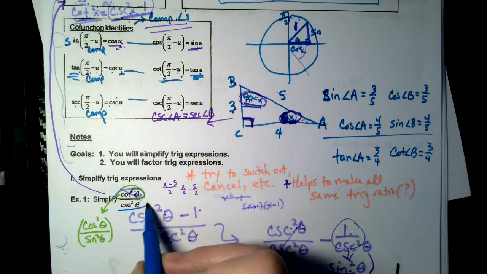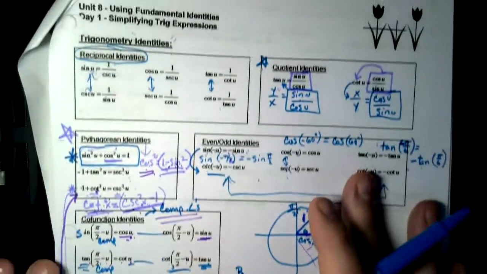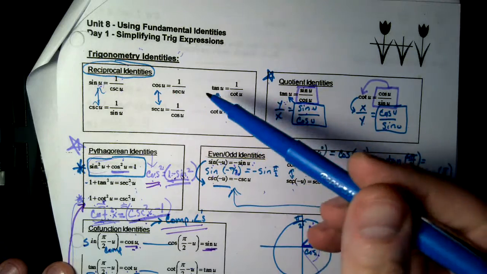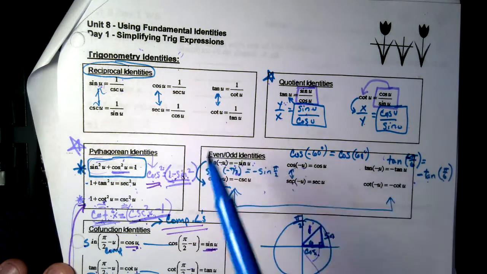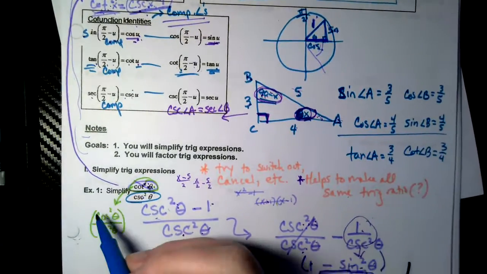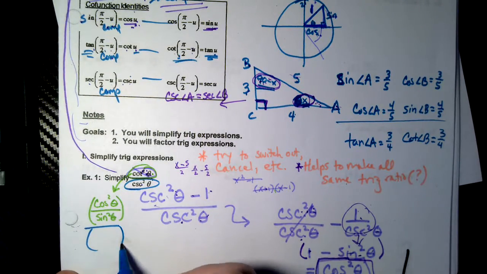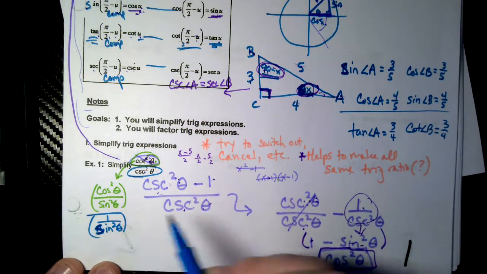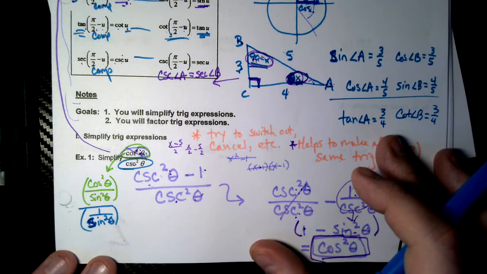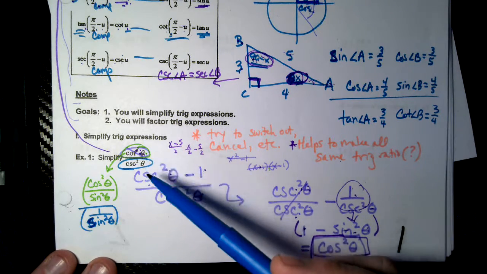With cosecant squared theta, I could use the reciprocal of sine, 1 over sine. I just got to make it squared. 1 over sine squared theta. You might think, Mr. B, that looks worse than it was in the beginning.